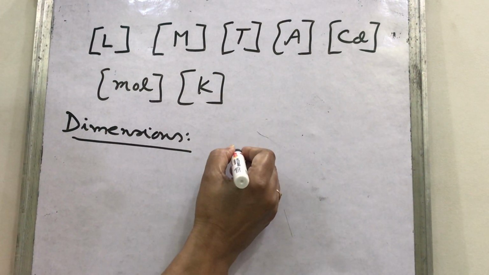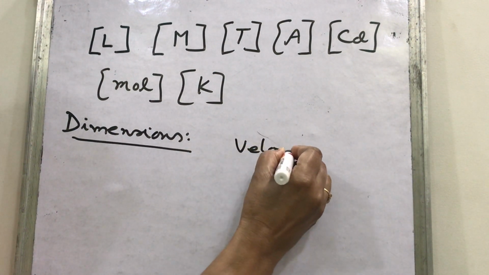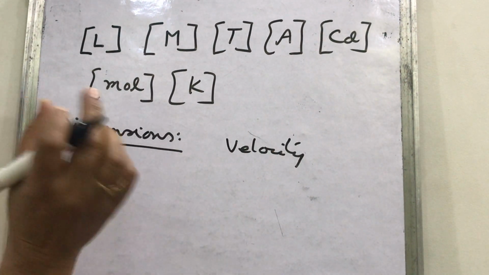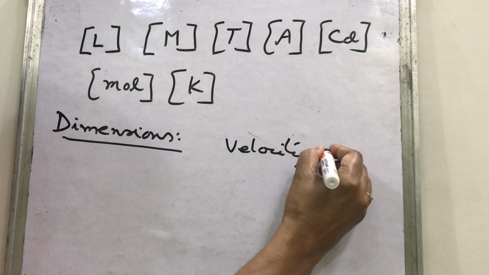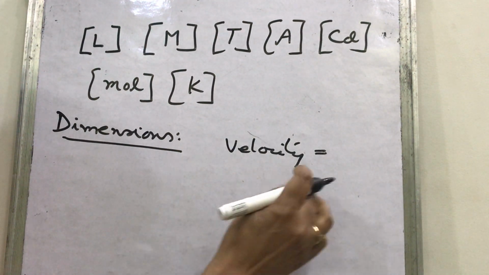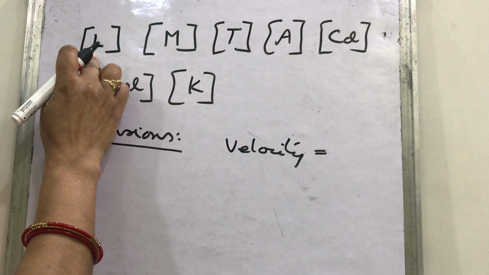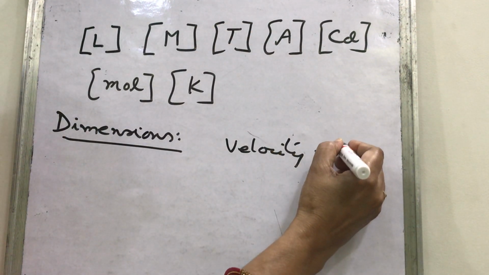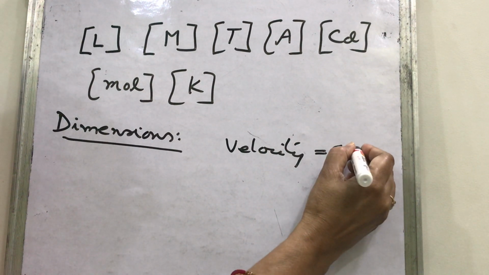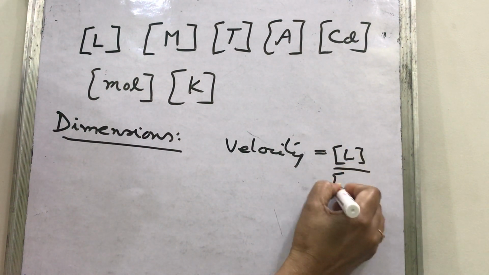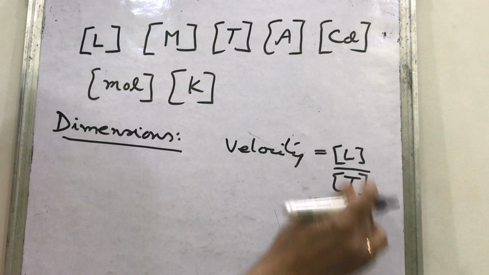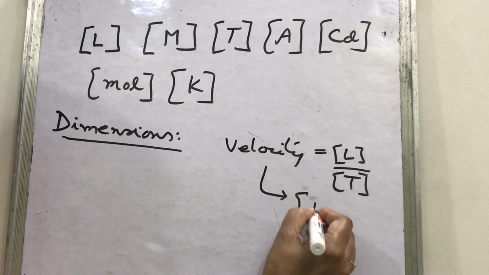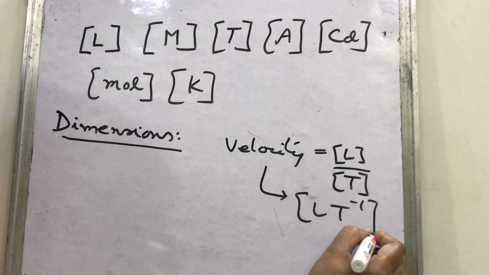Suppose you write velocity. To know the dimension, you should know the unit. What is the unit of velocity? You know, meter per second, where meter is length and second is time. So how will you write meter per second? That is L upon T. I am writing it in different brackets here, L upon T, but you can write directly LT minus 1.